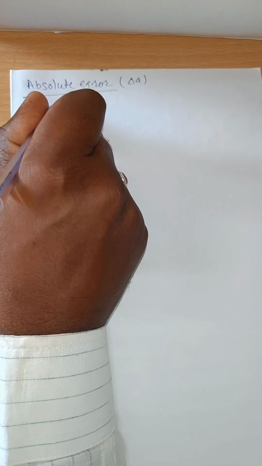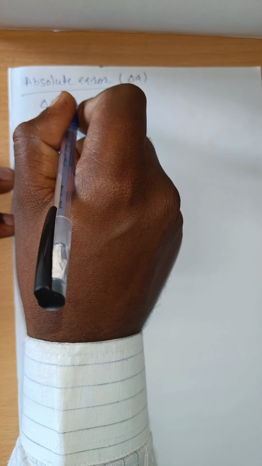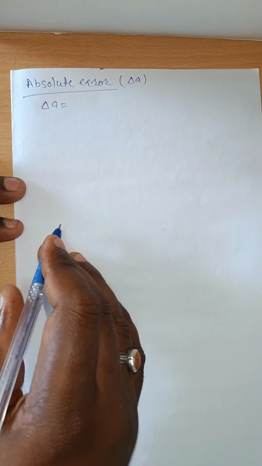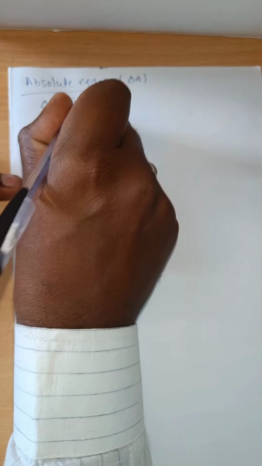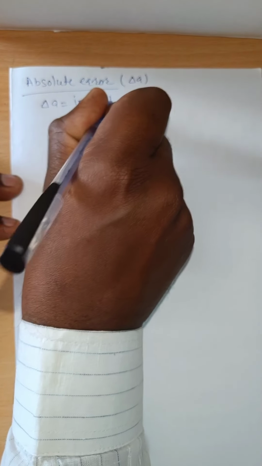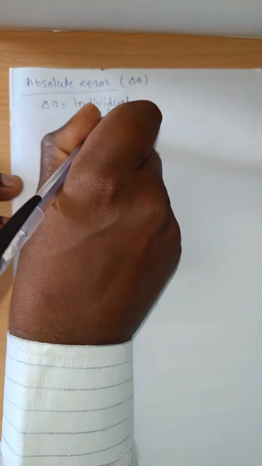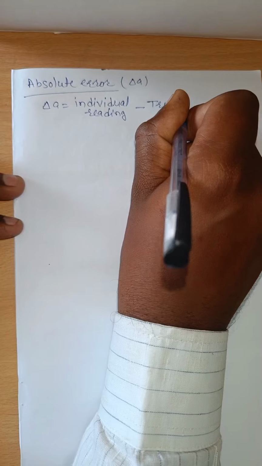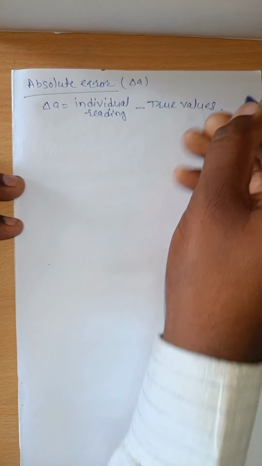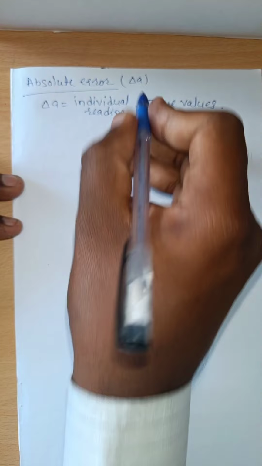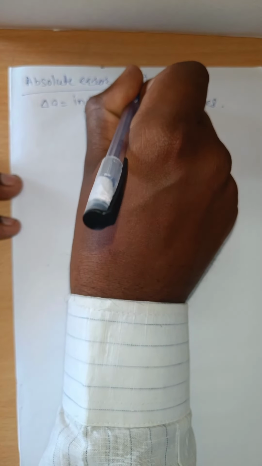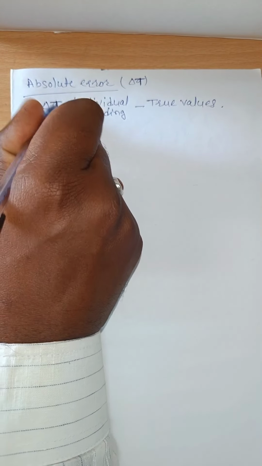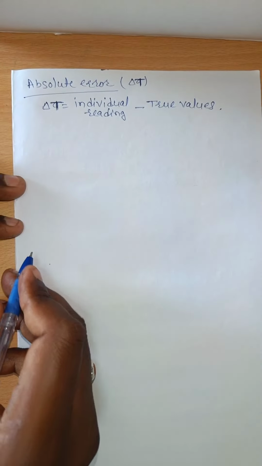Absolute error delta A is equal to the individual value or individual reading minus the true value. In this case it is a time period, so we write delta T, which is equal to the individual reading minus the true reading.